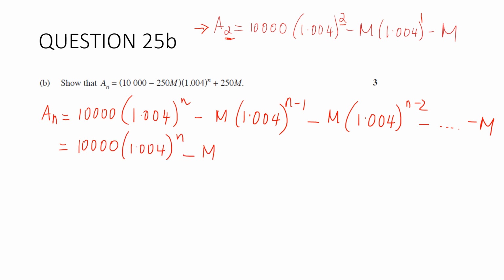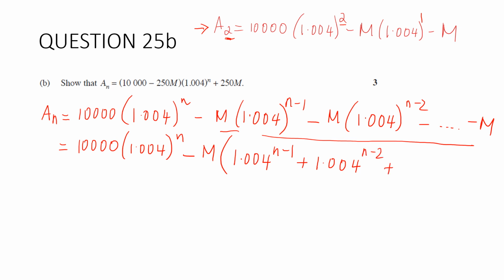Now I'm going to factorize the M out of all of this, which is going to give me this, plus 1. And now I'm going to turn this part here completely around.